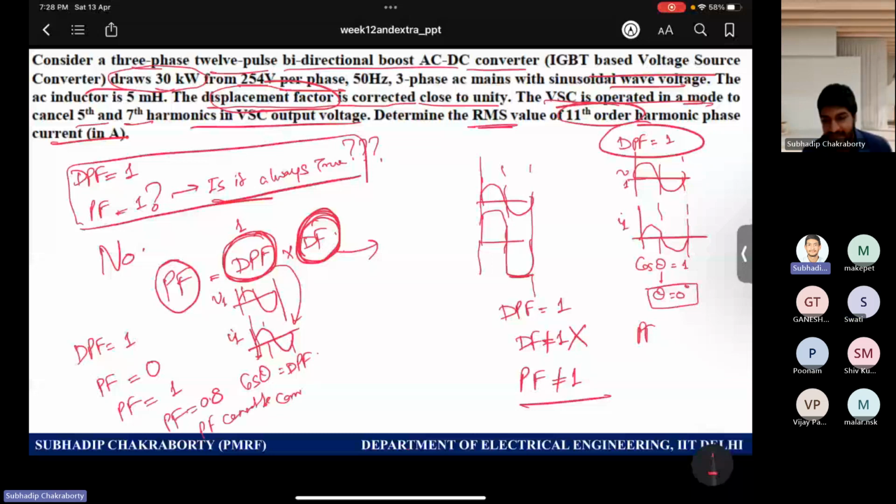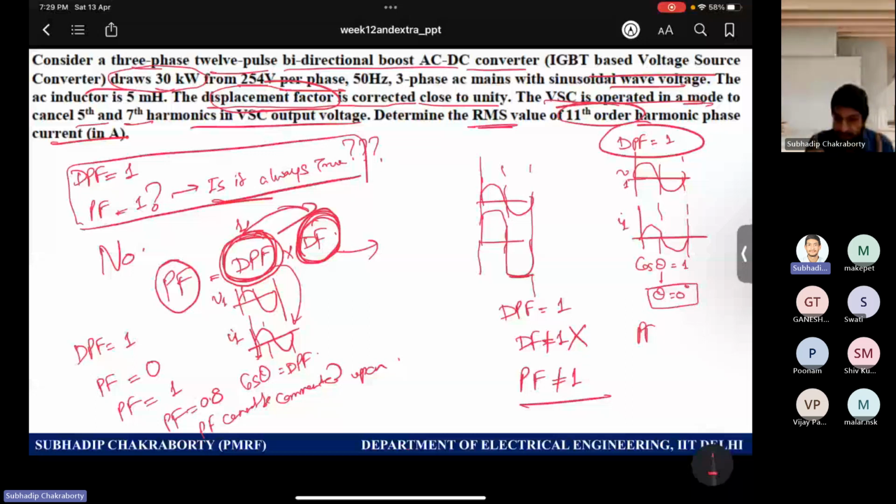If I give you some extra information, maybe you can comment whether it is lagging or leading. If I give you some more hints and information about the system, then you can tell at least the nature of the power factor from this term. The hint is which of these two terms gives you the information about the nature of the active and reactive power: this term, because it takes care of the fundamental components.